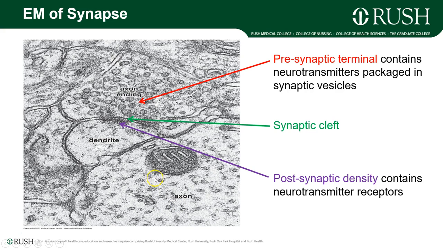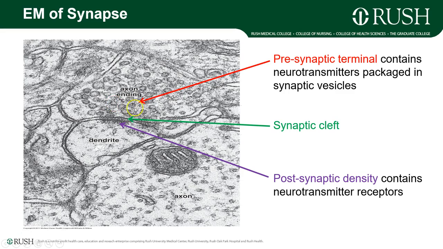This is an EM version of the same picture, and here you can see a section of an axon where you can even see the mitochondria within it. But more importantly, what you're looking at here is the bouton of an axon with a neurotransmitter packaged in the synaptic vesicles.